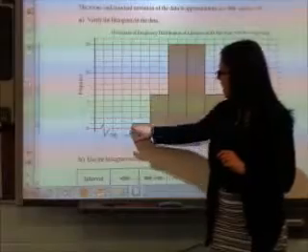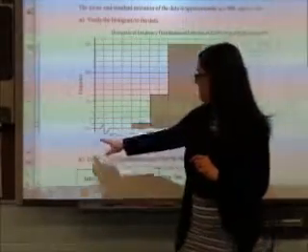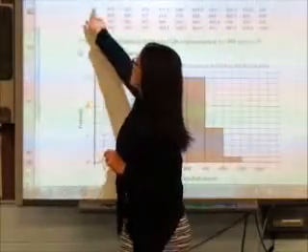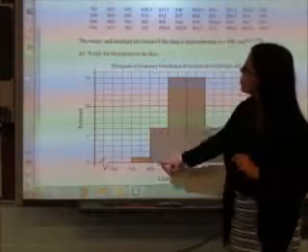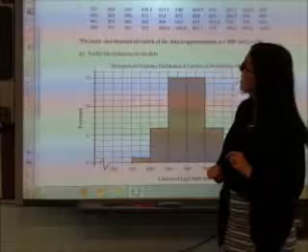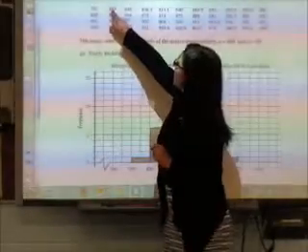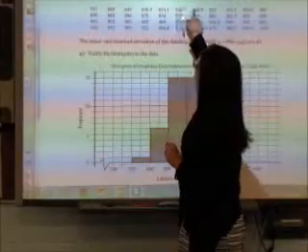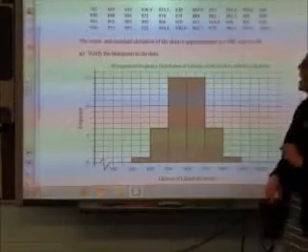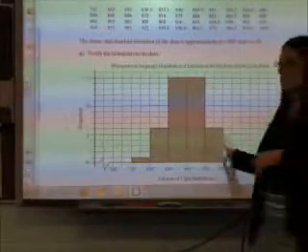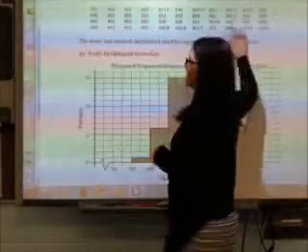There was one light bulb that lasted between 750 and 800 hours. That was this light bulb. Then I had 6 light bulbs that were between 800 and 850. That was these light bulbs in here. And then I had 850 to 900 and so on.